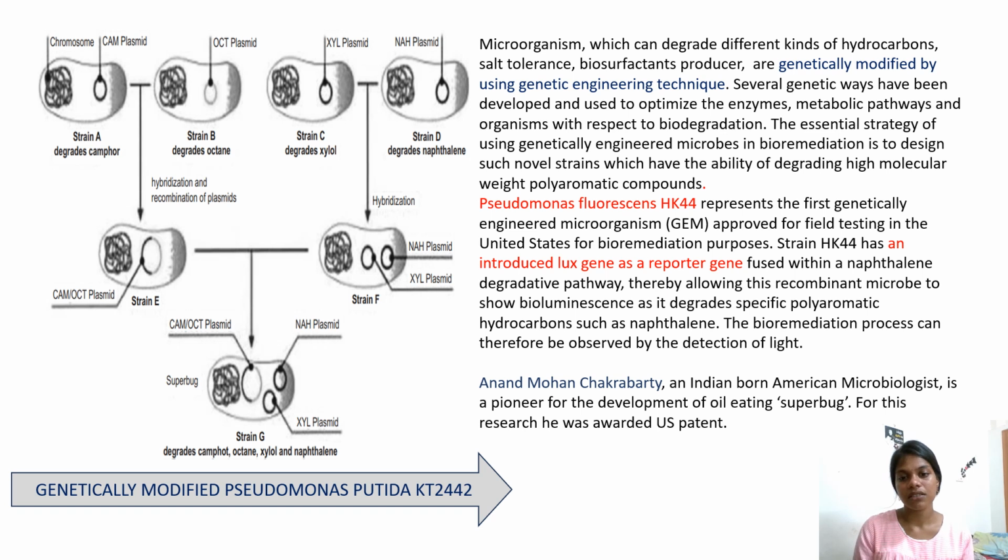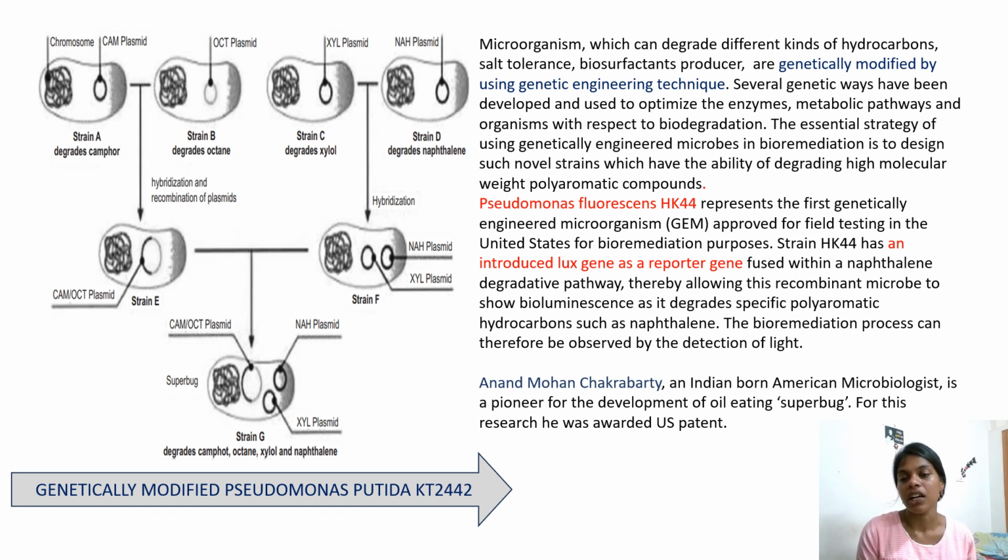Next is genetic engineering for producing a strain or microorganism which has maximum efficiency in bioremediation. Microorganisms which can degrade different kinds of hydrocarbons, have salt tolerance, or are biosurfactant producers can be genetically modified using genetic engineering techniques to achieve maximum efficiency.